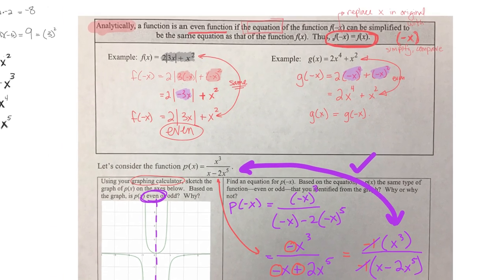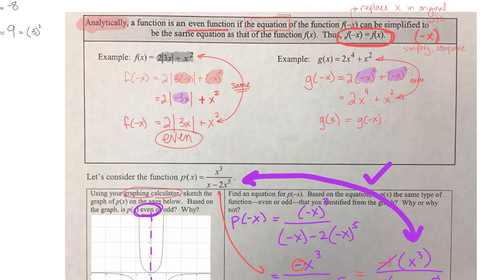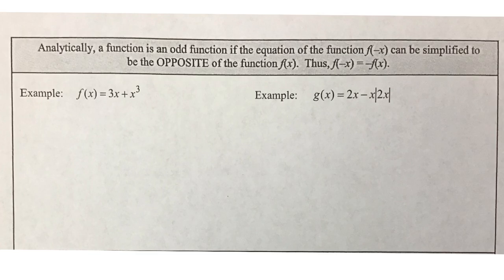So there's some stuff about even functions, how we do that analytically. Now let's look at odd functions. For an odd function, we have to do this. We're comparing two different types of equations.